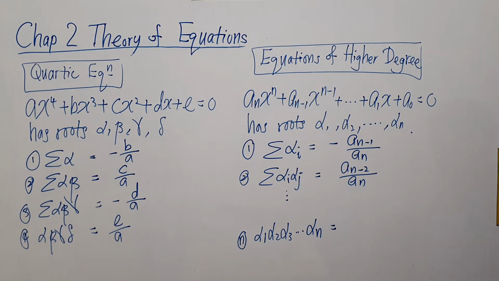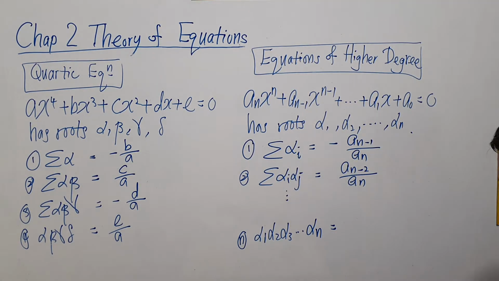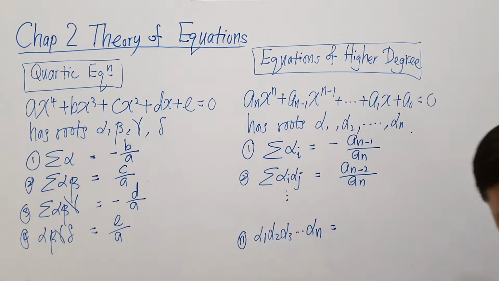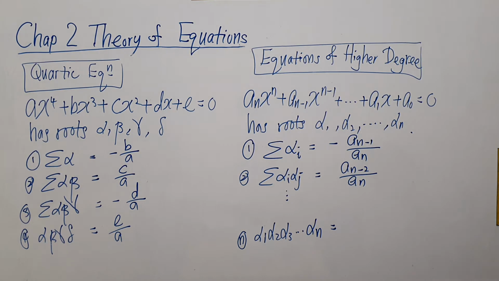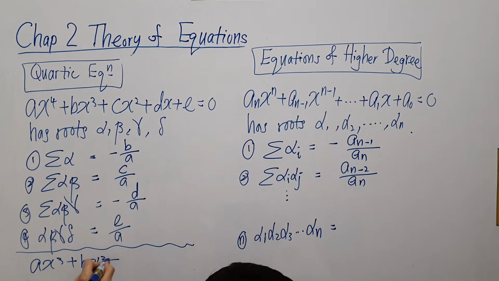For degree 3, if you could recall, okay, let me write down for you again. For degree 3, say ax cubed plus bx squared plus cx plus d equals 0, right? Then alpha beta gamma is minus d over a.